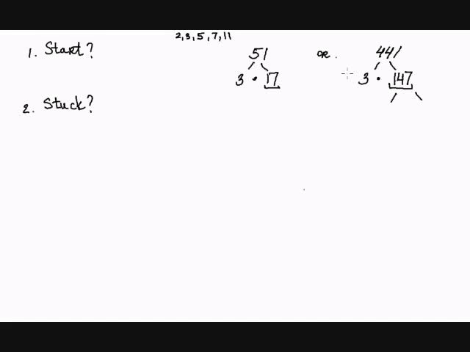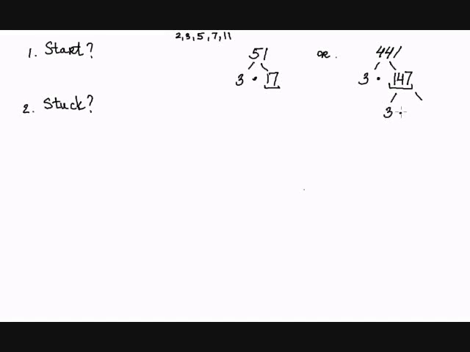So we're going to run the divisibility test again. Since we've already done the divisibility test by 2, there's no need for us to do it again. But we have to do the divisibility by 3 test again. 1 plus 4 plus 7 equals 12. 12 is divisible by 3, therefore the whole number is divisible by 3.